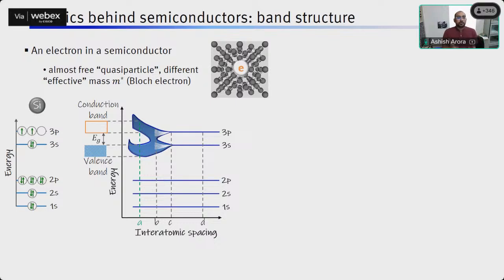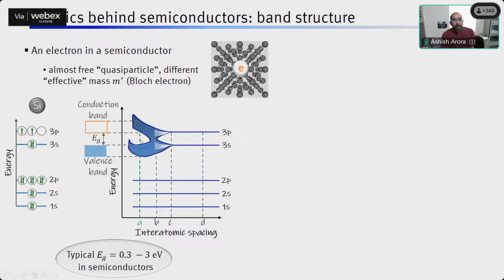Only a few electrons, of course, will go to the conduction band if the temperature is very low, but as the temperature increases, more and more electrons occupy the conduction band because of just the thermal energy, which is on the tail of this Fermi-Dirac distribution function, which is a step-like function.